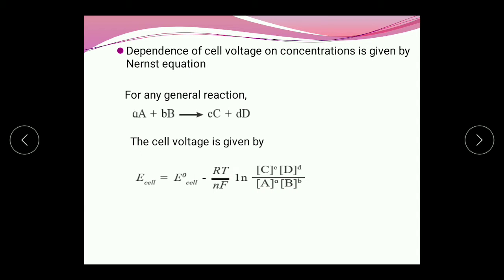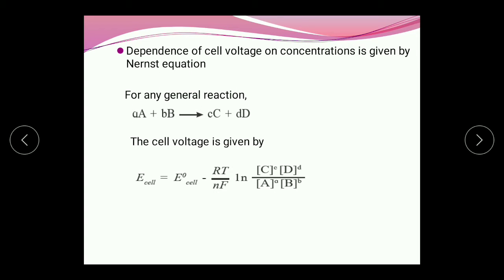Square bracket C means it should be read as concentration of C. Square bracket represents concentration in moles per liter. So, if we take concentration of C raised to c, what is raised to c? Small c is taken to balance the equation, and small d to balance the equation.